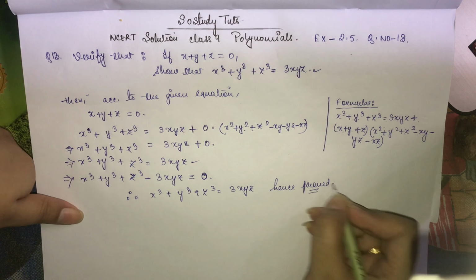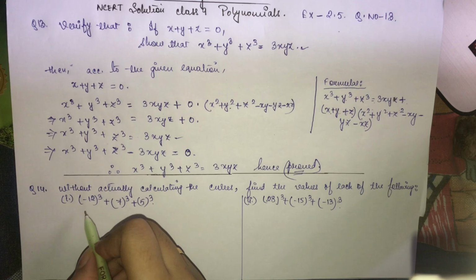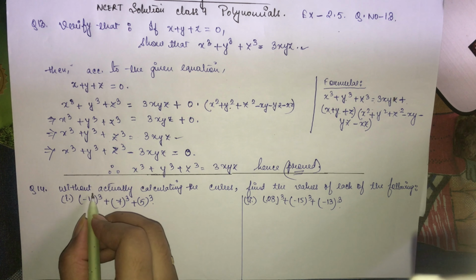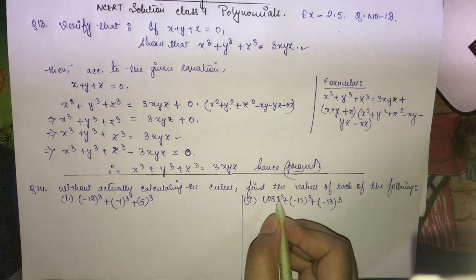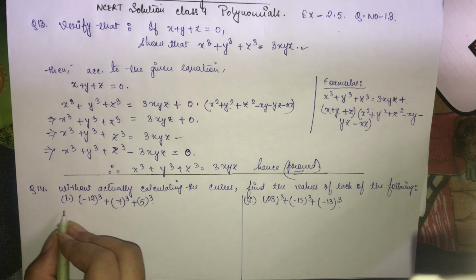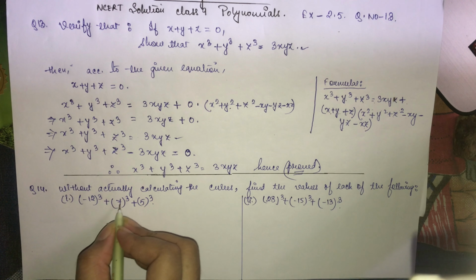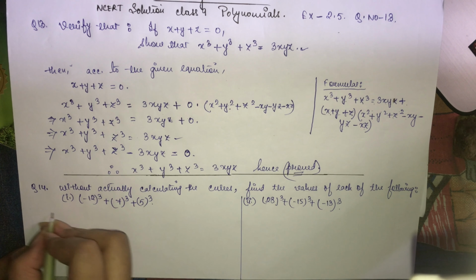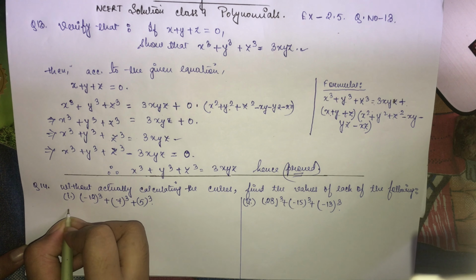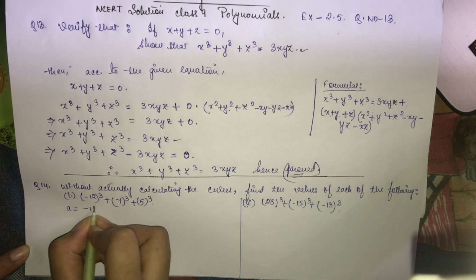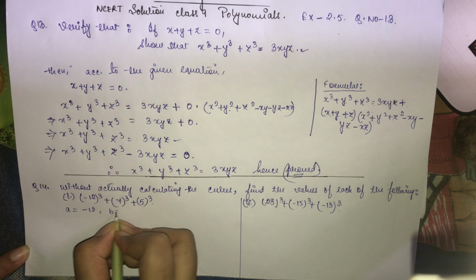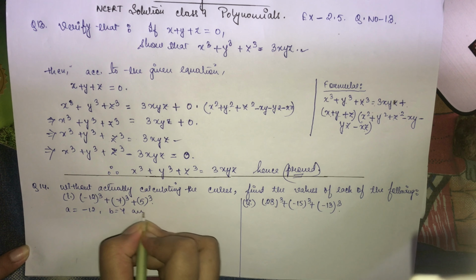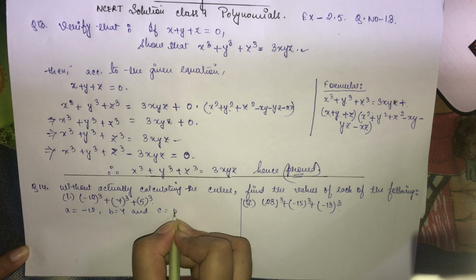Okay students, now question number 14. Without actually calculating the cubes, find the value of each of the following. First one is minus 12 cube plus 7 cube plus 5 cube. Here I can say that a equals minus 12, b equals 7 and c equals 5.